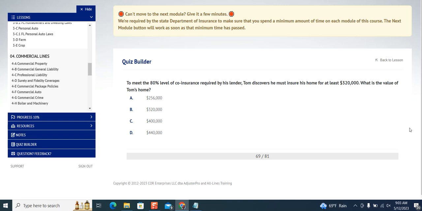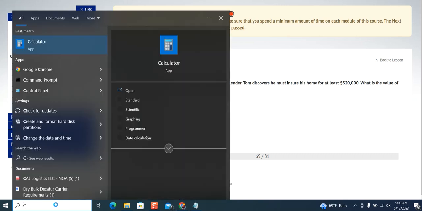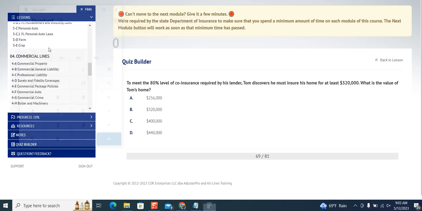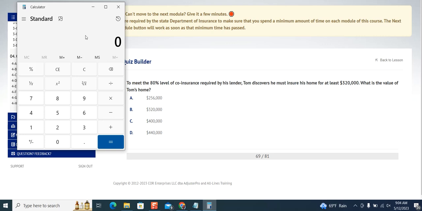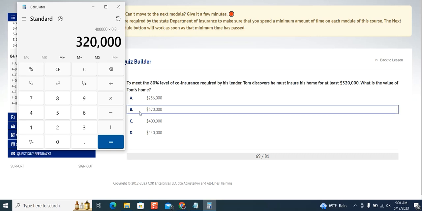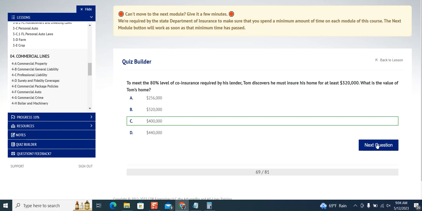Anyways, he's got 80% out of 100. Tom must insure his home for 80%, which is $320,000. So we just need to pull out a calculator. What's 80% of 320? 400,000, I believe. Okay, so his home value is $400,000.